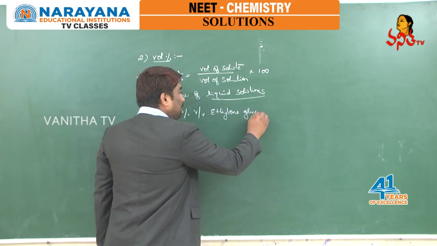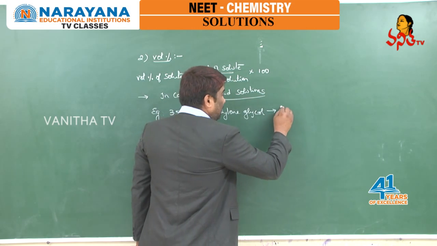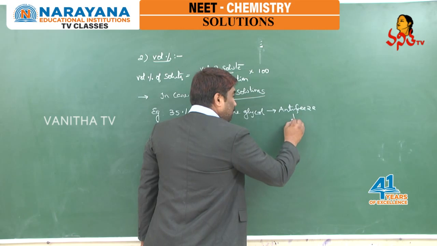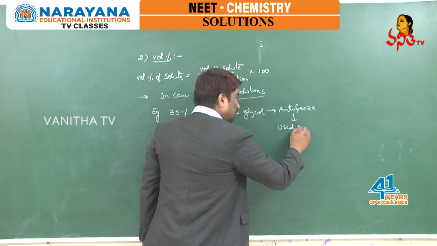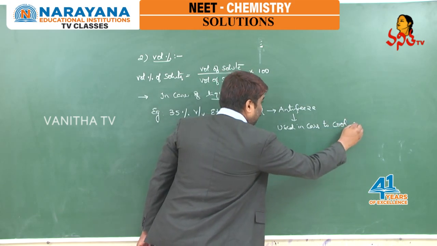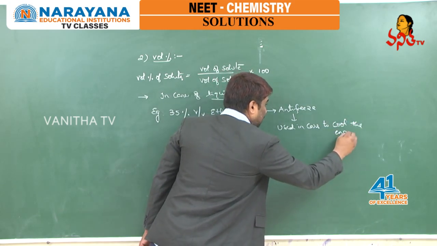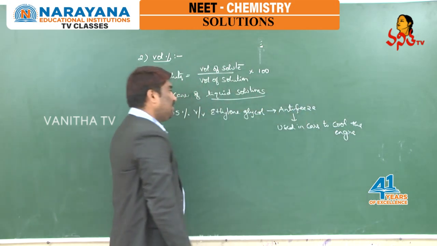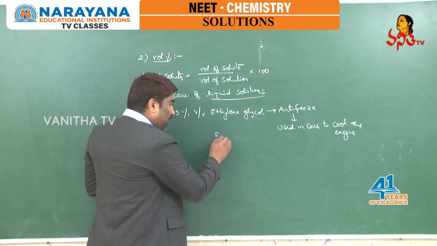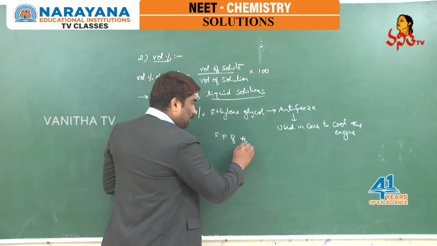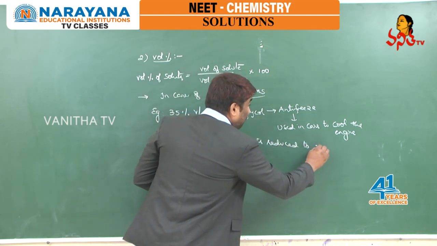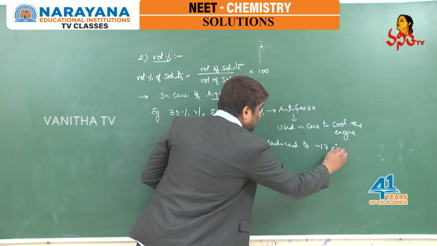Ethylene glycol is called antifreeze, which is used in cars to cool the engine. At this concentration, the freezing point of water is reduced to minus 17.6 degrees Celsius.